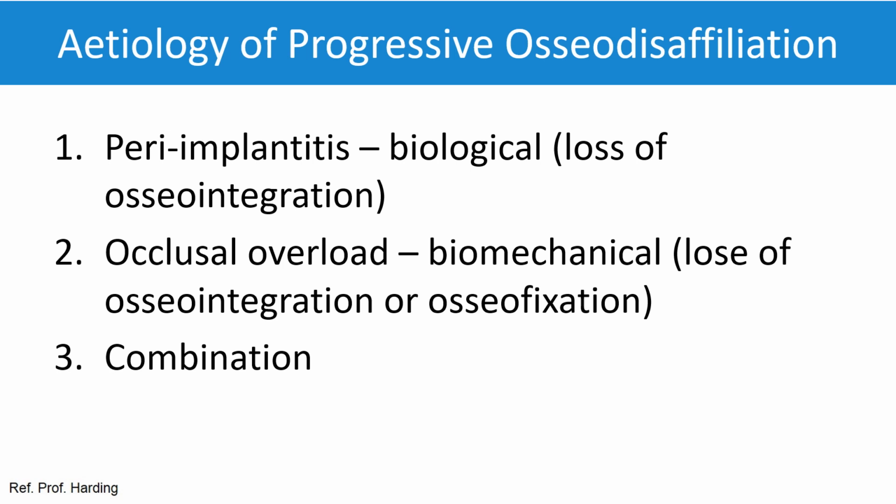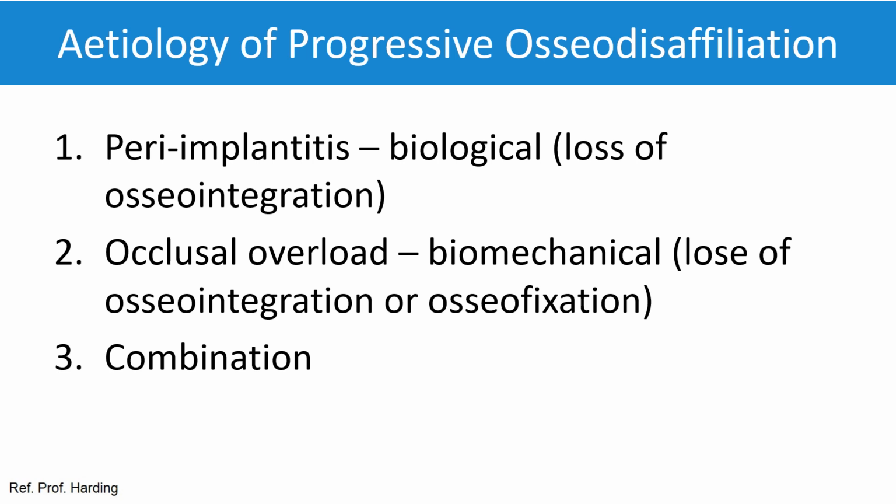And then finally, we can have a combination of the above, in that we could end up with an osseointegrated implant, which then is overloaded and starts to lose bone, and this makes it vulnerable to bacterial infection and peri-implantitis.